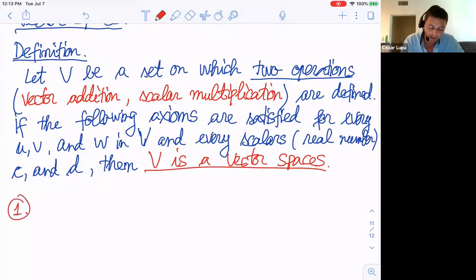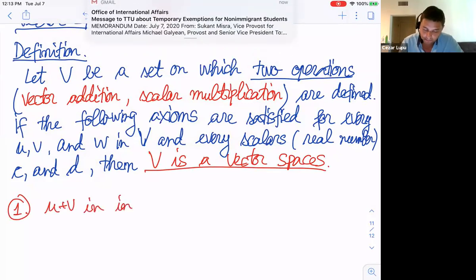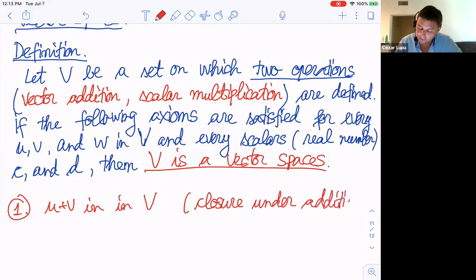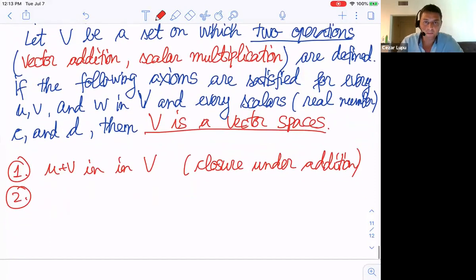And the first one is, like we've mentioned, U plus V is in V. So anytime you add two elements from that set, the addition must be closed. So this is what we say closure under addition. The second one will be, like I said, U plus V equals V plus U. So this is what we say commutativity.